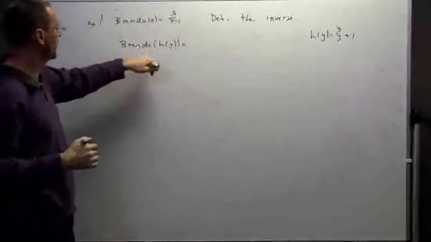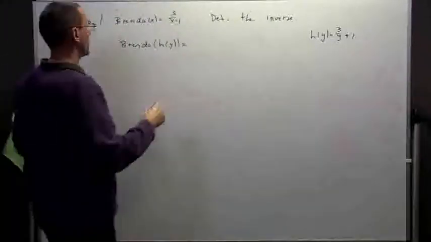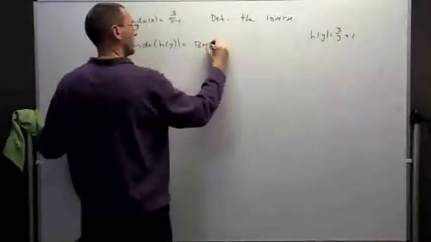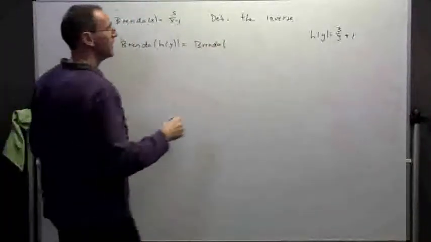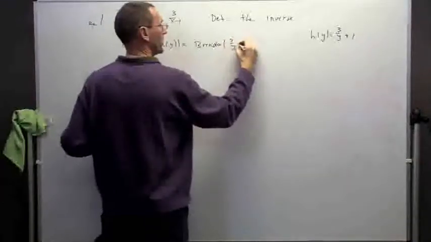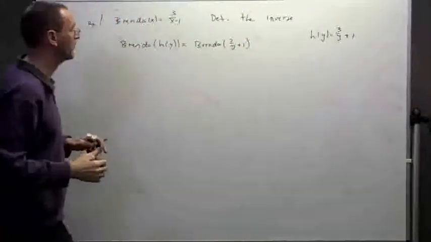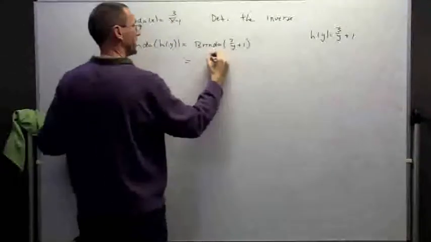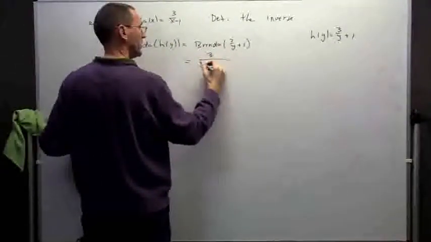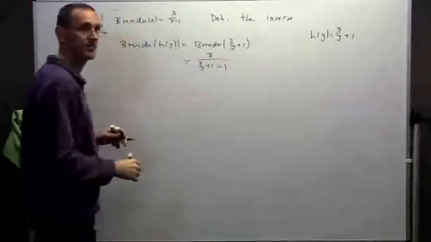Okay, so to figure out what Brenda does to h, I got to figure out what h does to y. So we work from the inside out. What does h say? H says you give me a number, I take 3 over that number and add 1. Now what does Brenda say? Brenda says, you give me a number, I'm going to take 3 over that number, and then subtract 1.